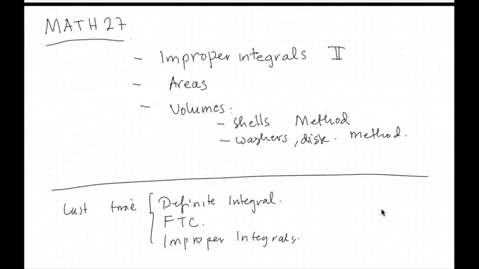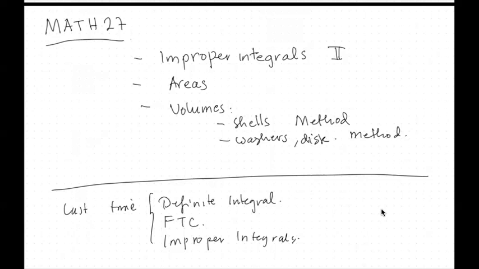So these are the goals for this, roughly the bullets for the goals. Today we are going to learn improper integrals, the second type, with infinite discontinuities, and we will also go with applications, areas and volumes.